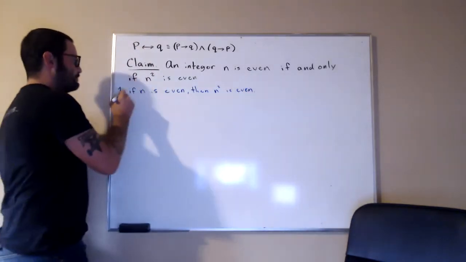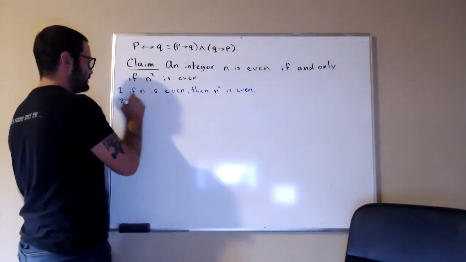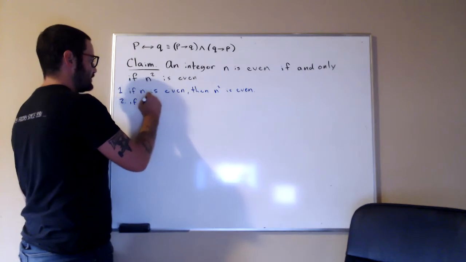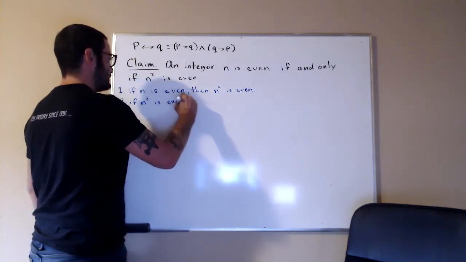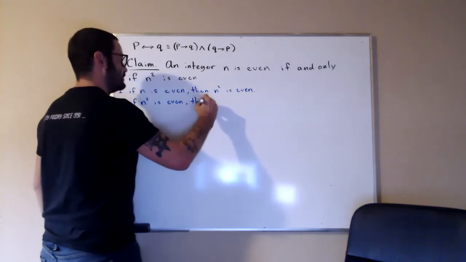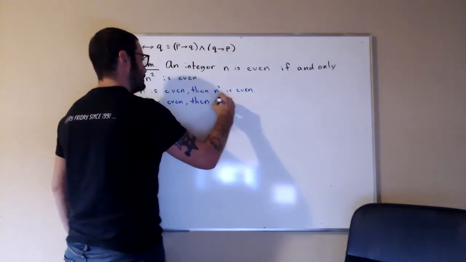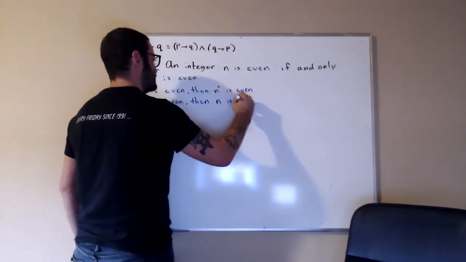And two, if n squared is even, then n is even.